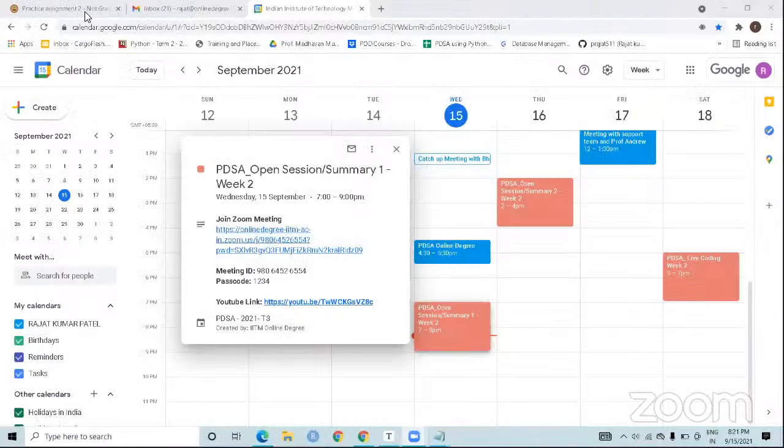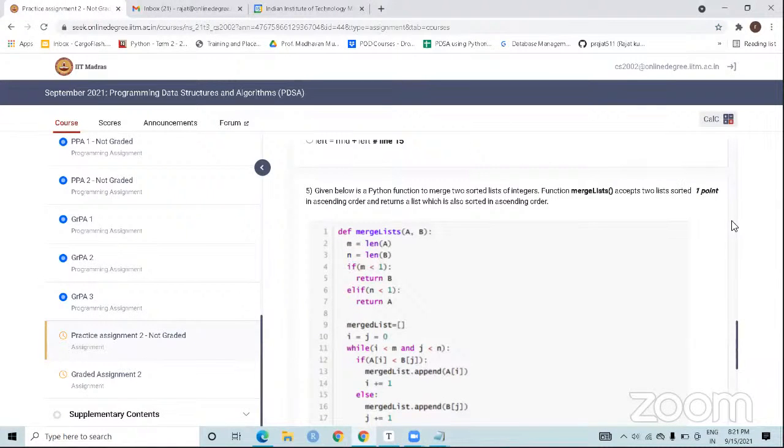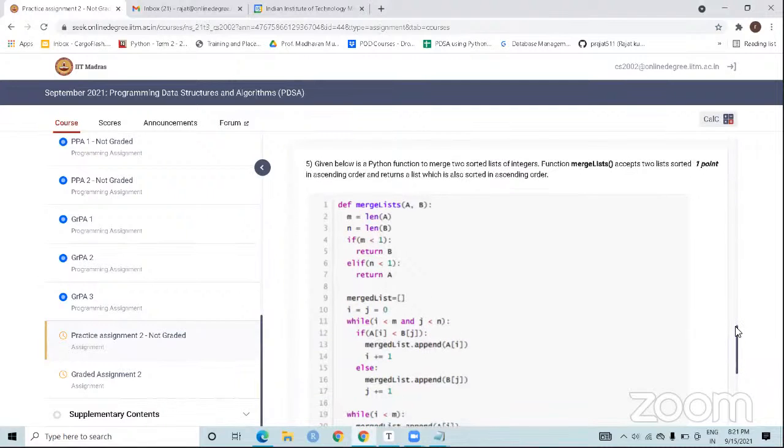Suppose we have list 1 and list 2. Can you share your screen if you're showing that question? Okay. Wait. So this is the question, right? Yes, sir.